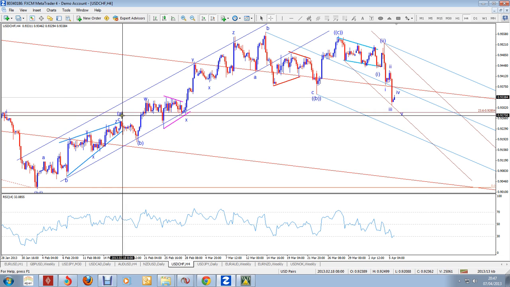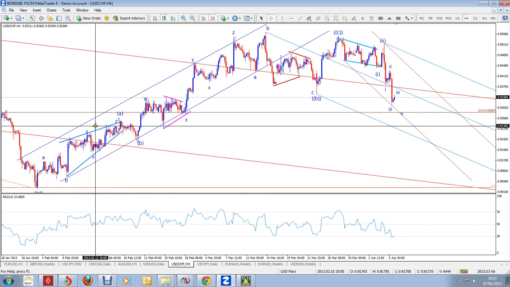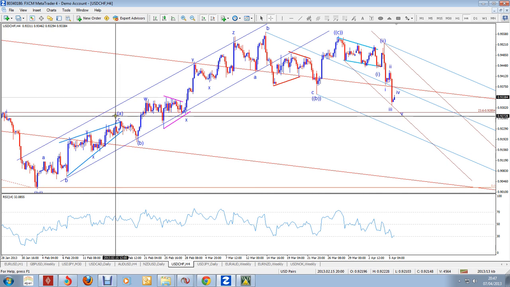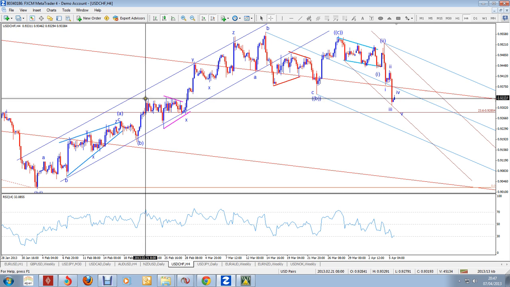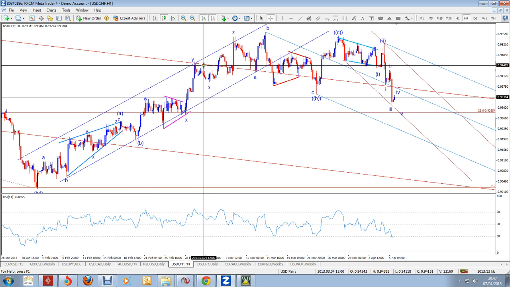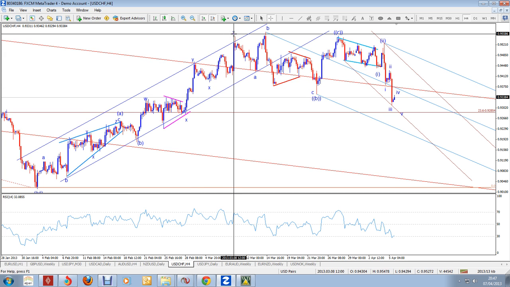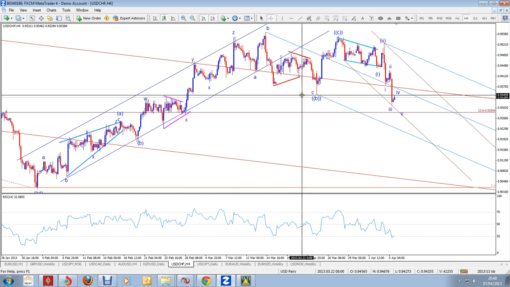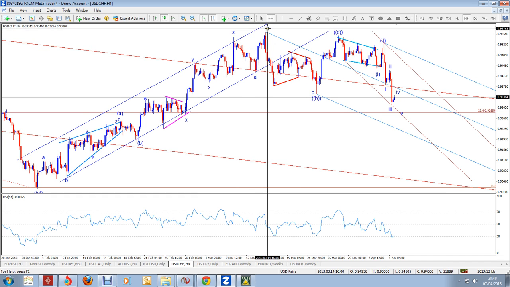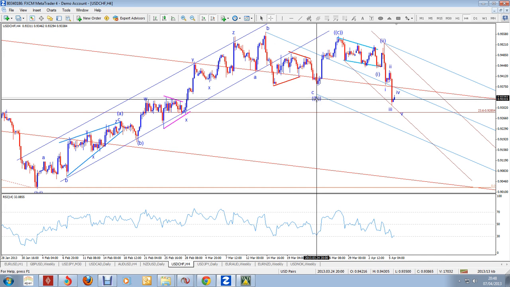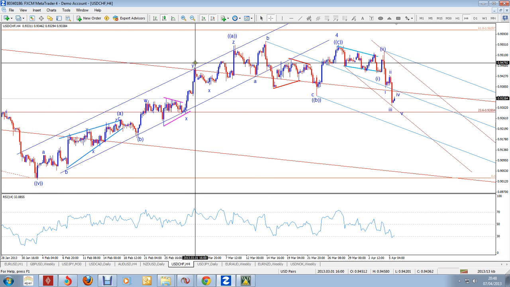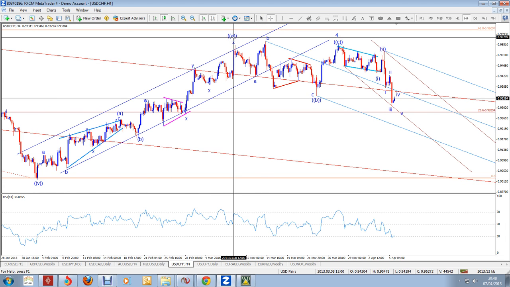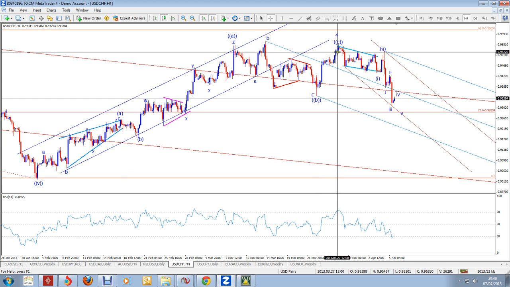This one has A, B and C with a rising wedge, so that's A, B and C to give us wave A in bracket, wave B in bracket, and then wave C. That gave us W, X, and then Y, X and Z. Then we had an expanding diagonal, so we go A, B and C to give us a wave B. So this one formed a triple zigzag to give us wave A in double bracket, wave B in double bracket, and then that was the wave C in double bracket.